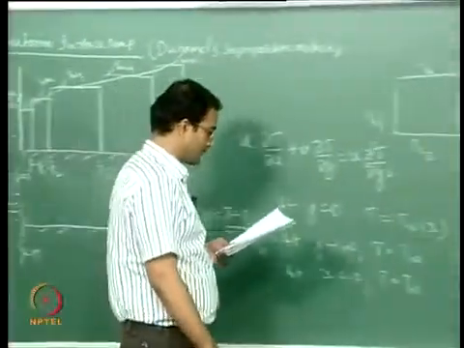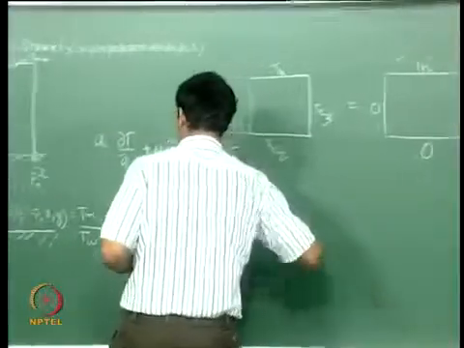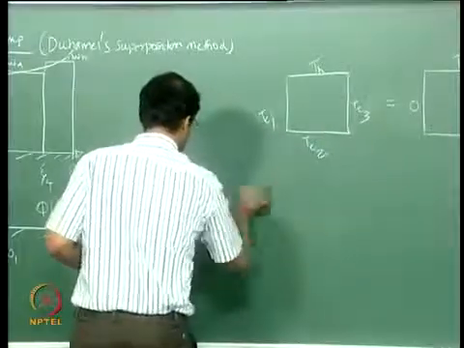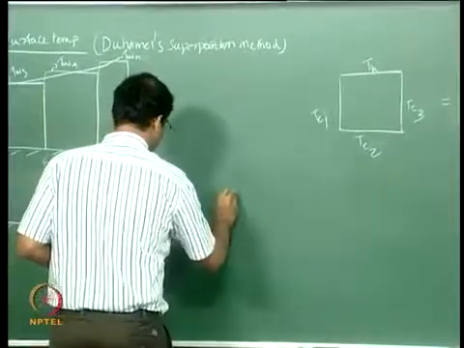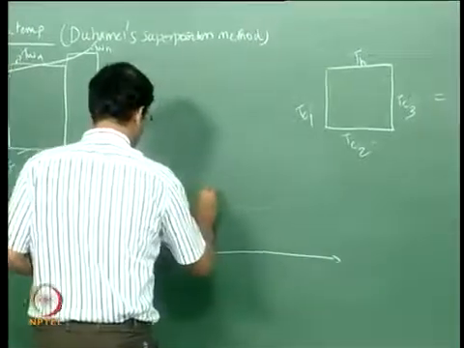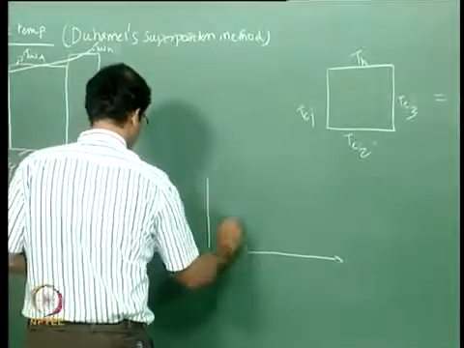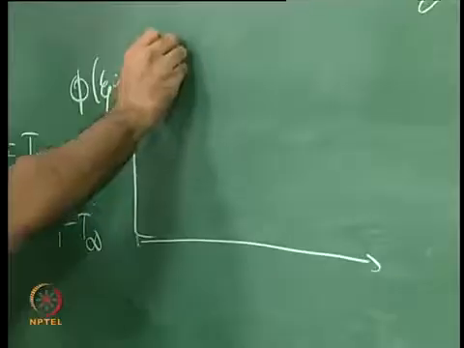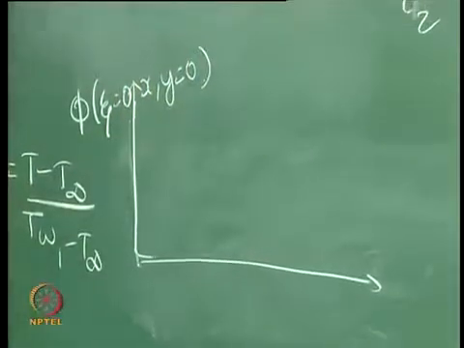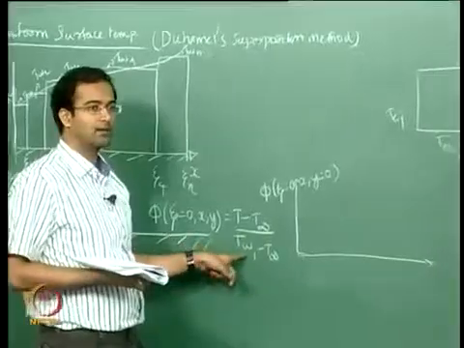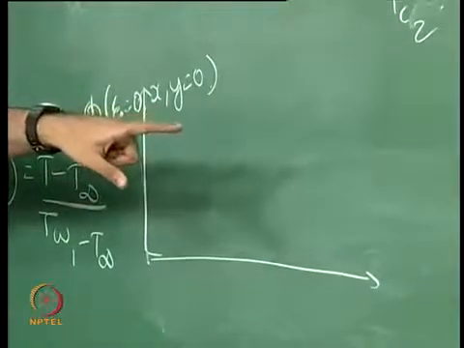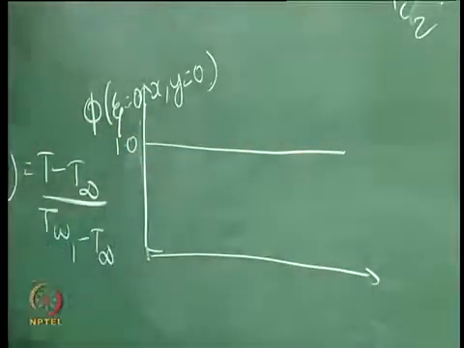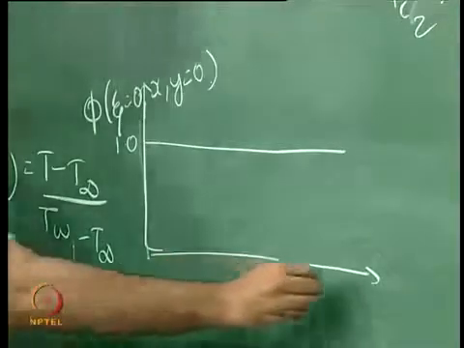How does the non-dimensional temperature profile look at the wall? If I plot phi at zeta equal to 0, x comma y equal to 0, I am plotting the temperature at the wall, so this will be T wall 1 throughout. Therefore it will be just 1 everywhere. So this is one case.